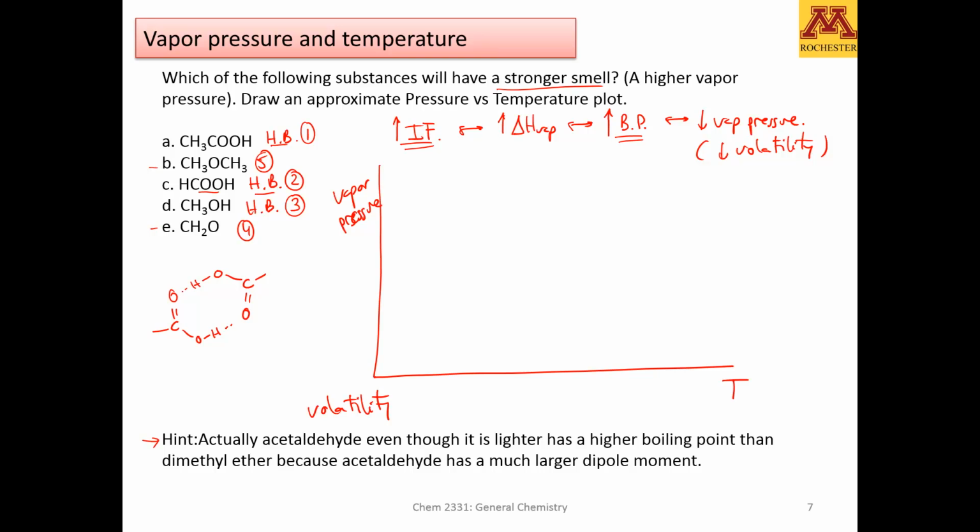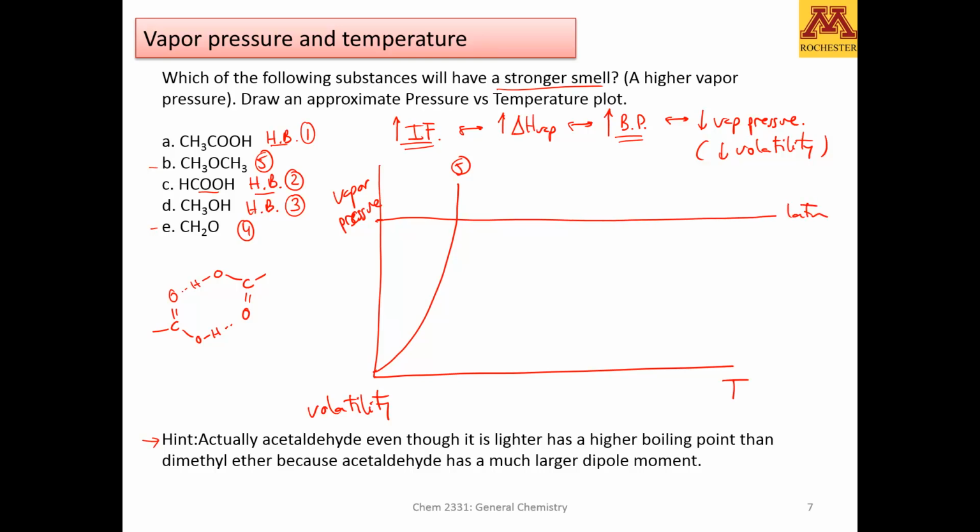Okay, so let's start with methyl ether. In this case, you'll have the first one, and this will be your number 5. Why? Because at a given temperature, it'll be the one with the highest vapor pressure, because it's the one with the weakest intermolecular forces. Okay, let's draw this line as the 1 atmosphere.